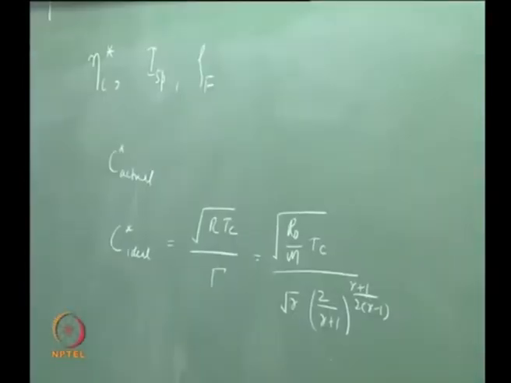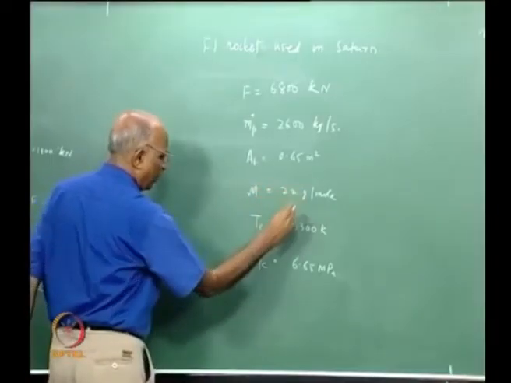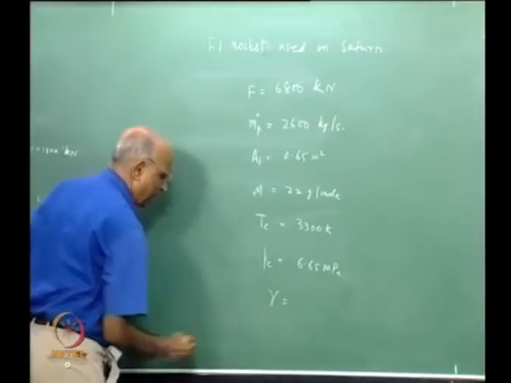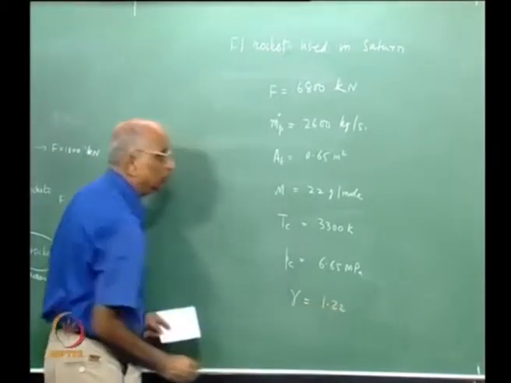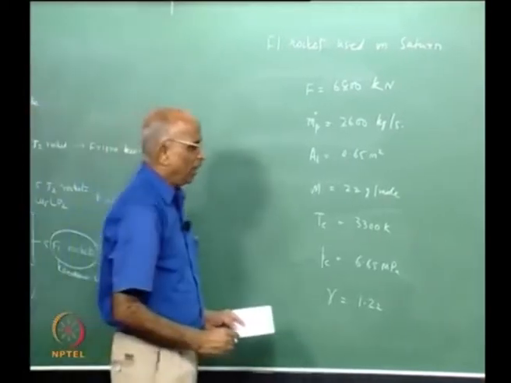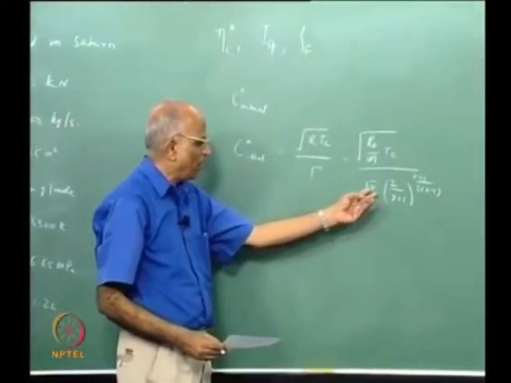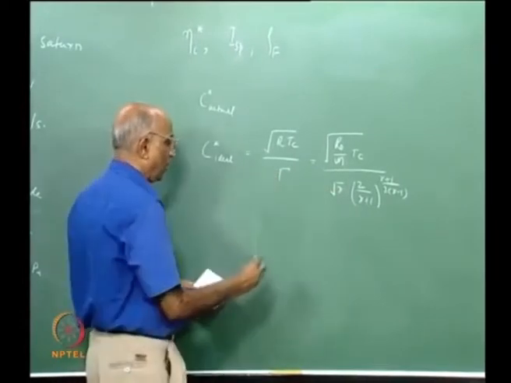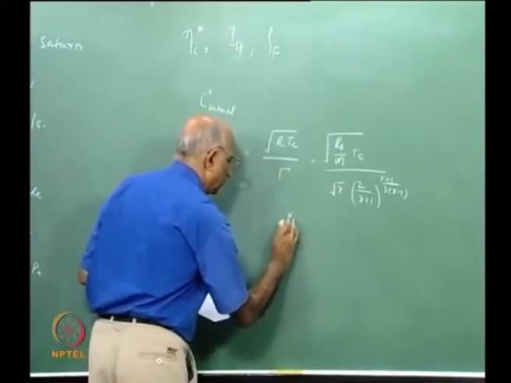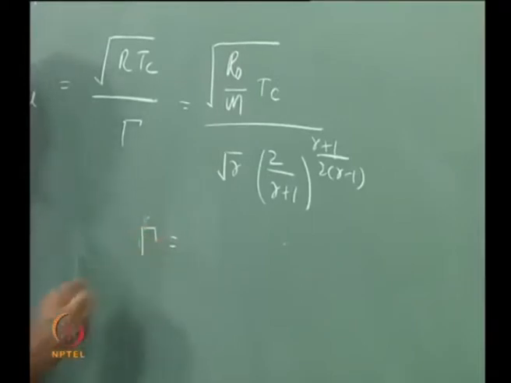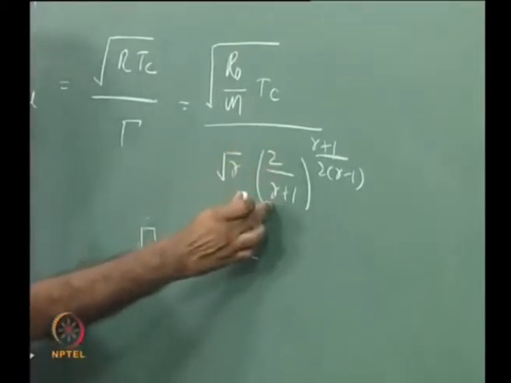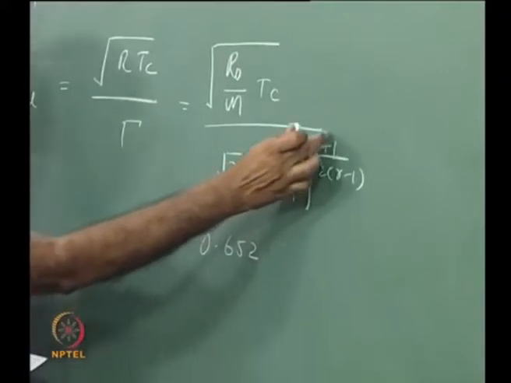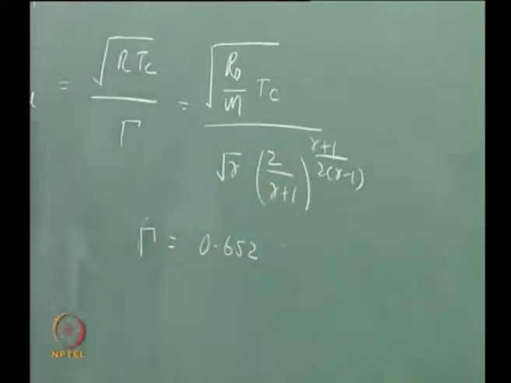It is also told to you for a molecular mass of 22 gram per mole, the value of gamma for the gases is equal to 1.22. Therefore, I substitute gamma is equal to 1.22 and the value of capital gamma works out to be equal to 0.652.